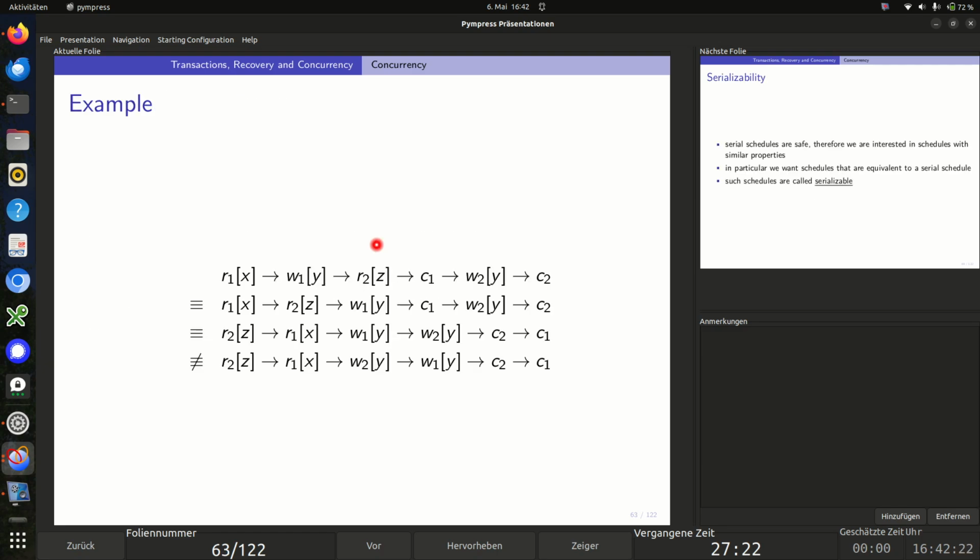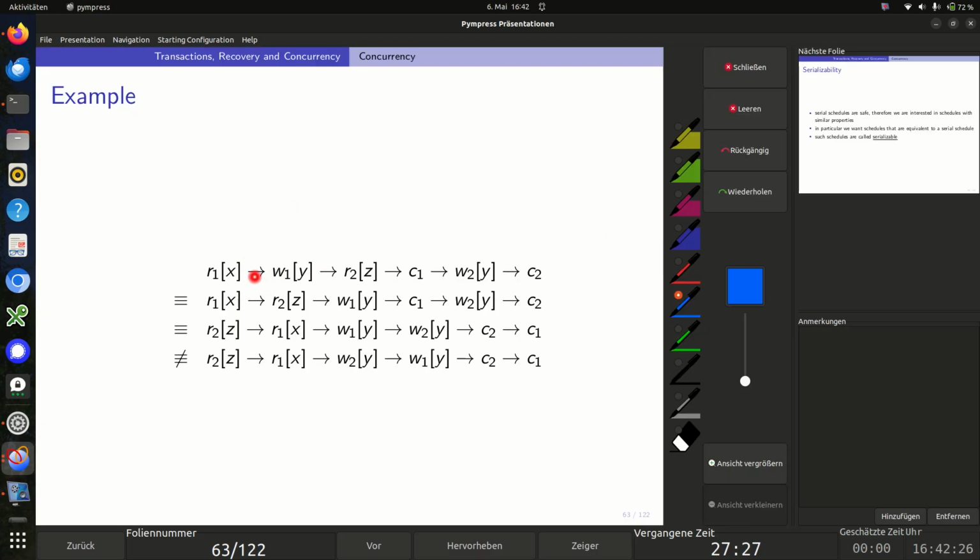So I have an example for that. Here we have again one schedule, with only two transactions, T1 and T2.